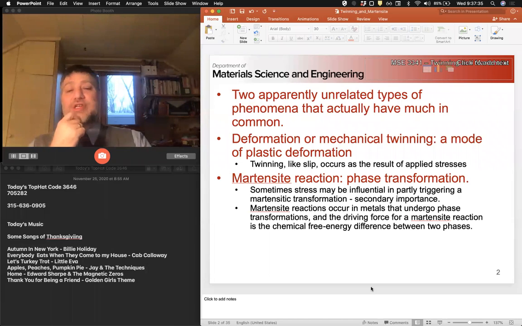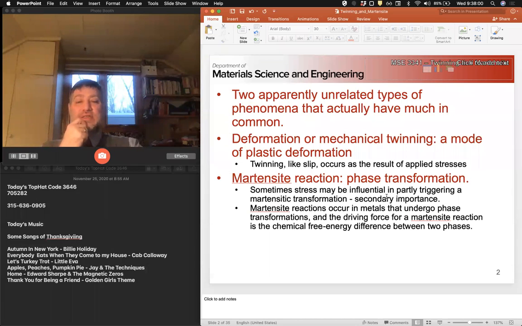Okay, so twinning, like slip, occurs as the result of applied stress. It involves a lattice reorientation, right? The martensite reaction is a phase transformation that has a large associated mechanical component with it. It's a shear transformation.